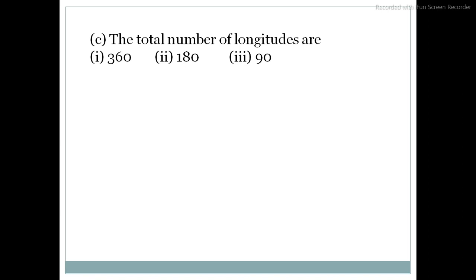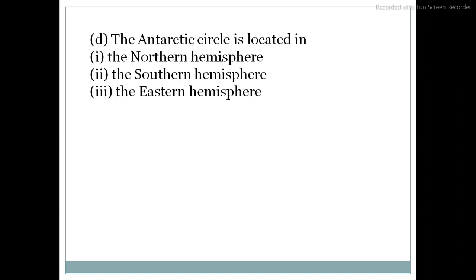C. Please pay attention. C. The total number of longitudes are 360, 180, 90. So they are 360. Next, D. The Antarctic circle is located in.